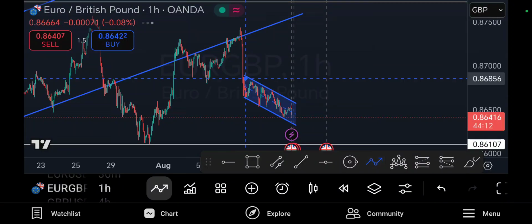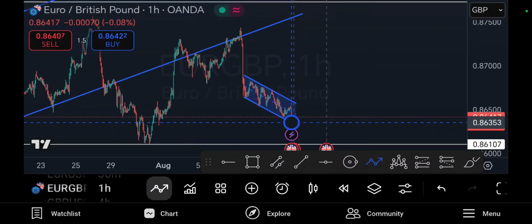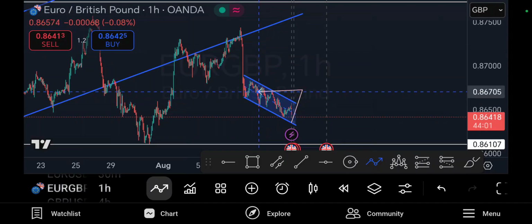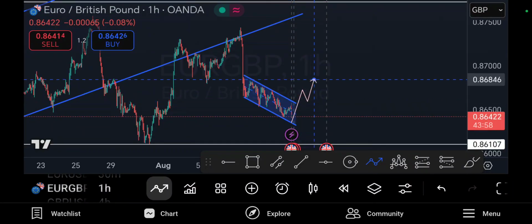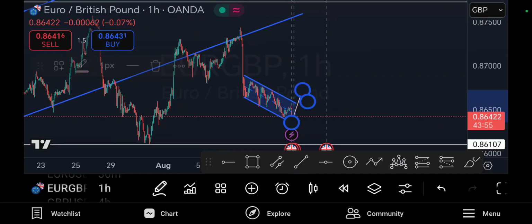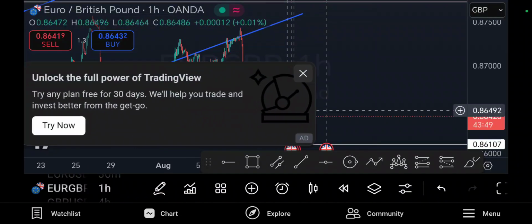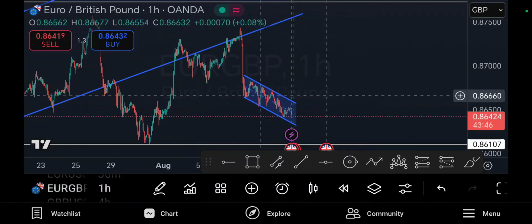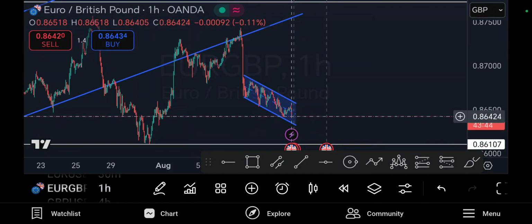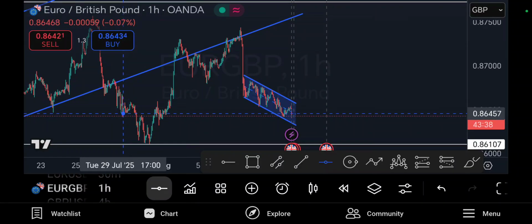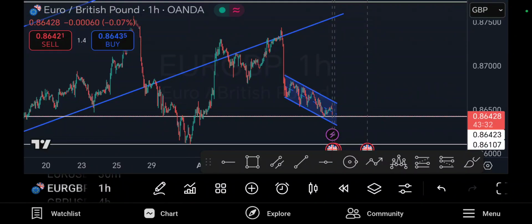So with that being said, we can expect maybe a push to the upside, and then it eventually breaks out, retests this channel, and then pushes up, because this is a reversal channel. It's also approaching this key zone there, so we should be careful of that. I think there's a zone here also. There's a zone there.